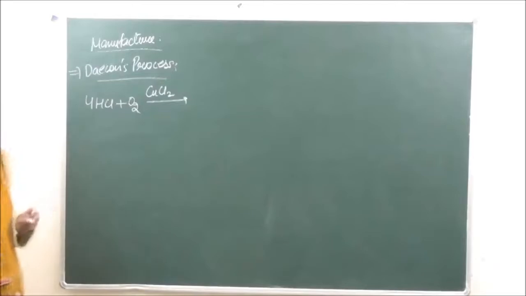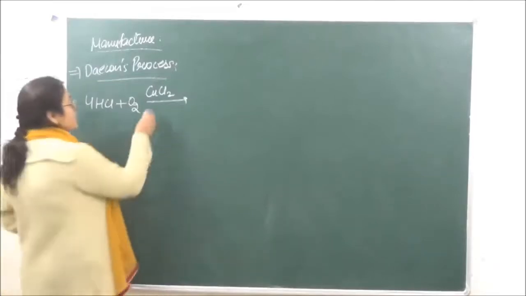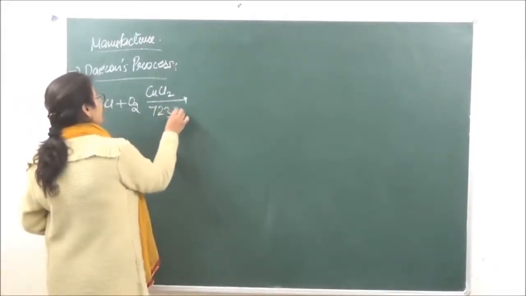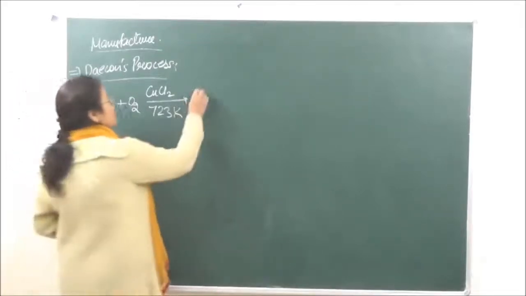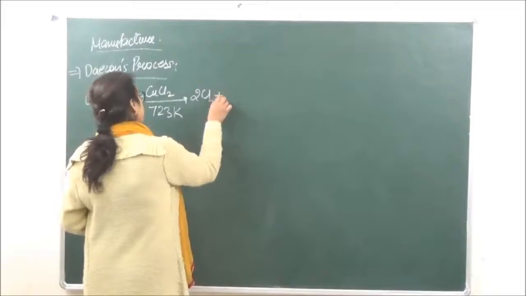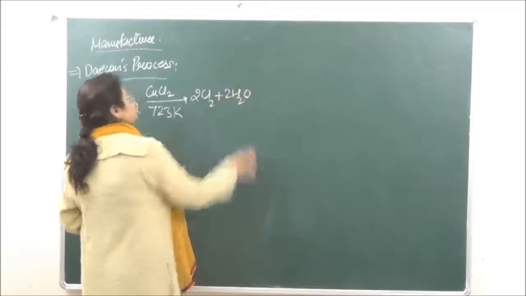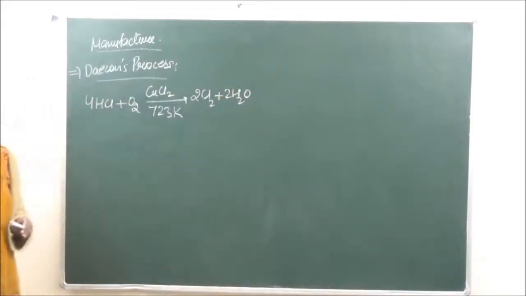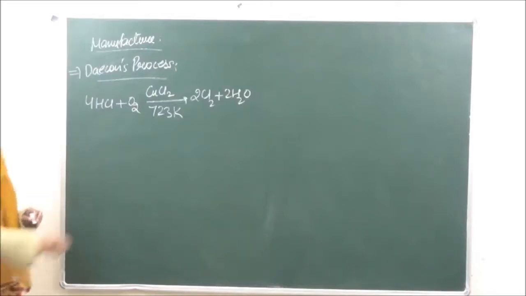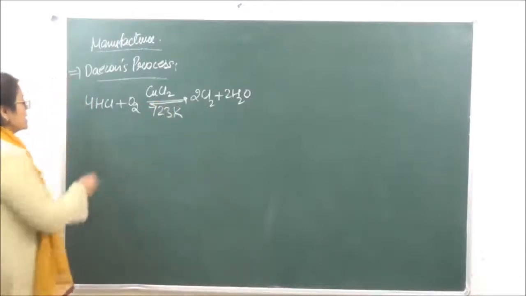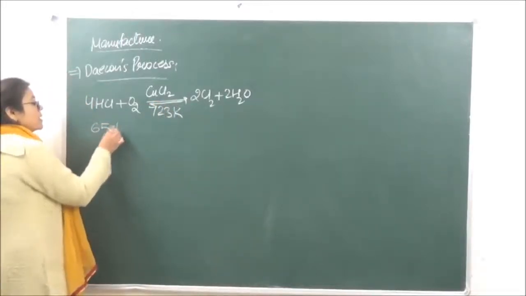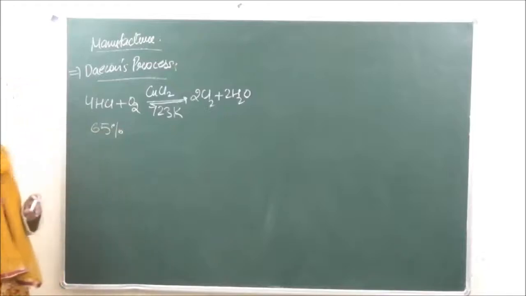The reaction takes place at a temperature of 723 Kelvin to give us chlorine and 2H2O. Okay? The reaction is reversible, and therefore it results in only 65% conversion. So only 65% of HCl is converted to Cl2.